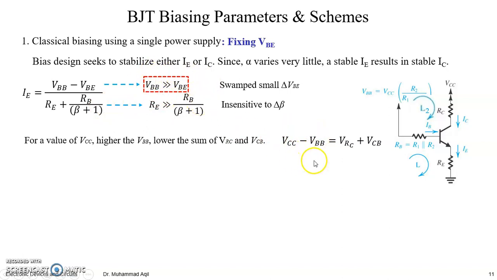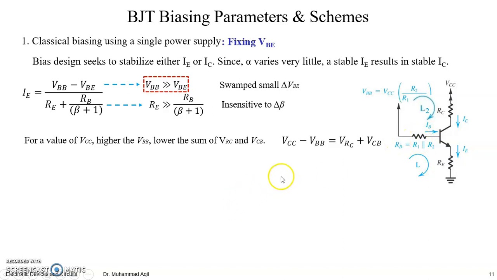So this difference in voltage would be distributed across these two things. By increasing VBB, you are reducing the voltages across RC and across the collector to base junction. Of course, across RB as well, but that is not the question at this point.